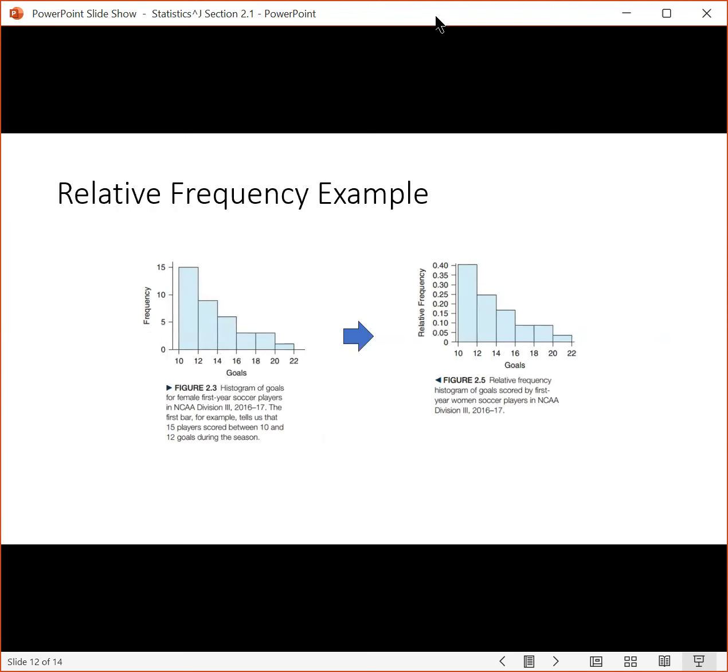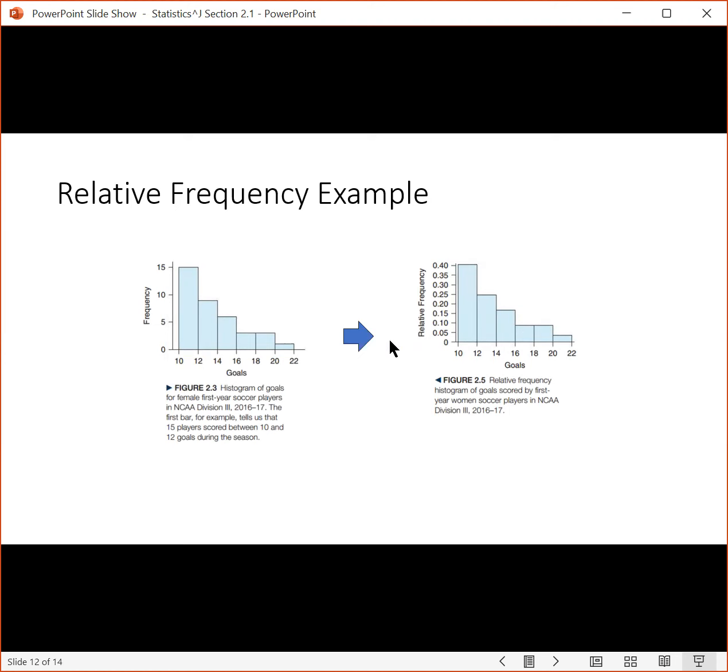So here you can see on the left we've got a regular histogram, and on the right a relative frequency histogram. Notice they have the exact same shape. The only thing that changes between the two is that instead of the number of observations in each bar, we have the percentage or the proportion of the total observations in that bar.